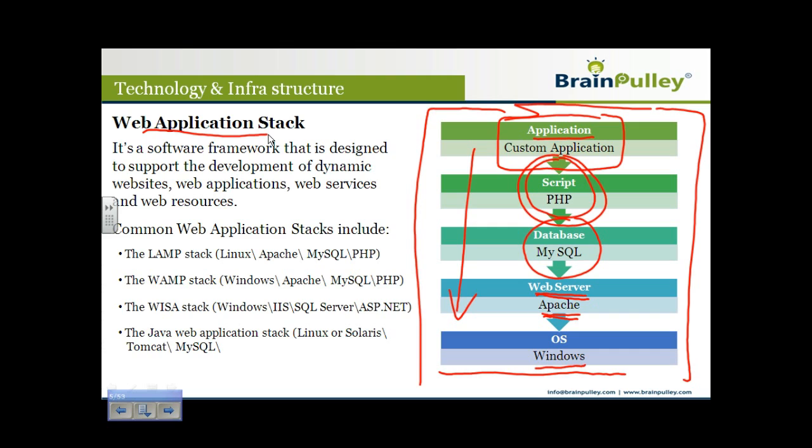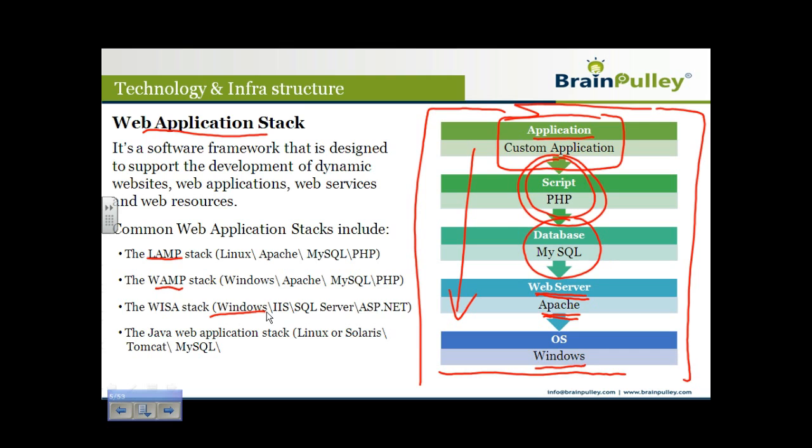It's not mandatory that we use PHP, or that we use it on Windows, but every architecture will have this kind of layering. Some other examples: there's the LAMP stack that we have seen, which stands for Linux, Apache, MySQL, PHP. We have an equivalent version on Windows: Windows, Apache, MySQL, PHP. We will be using this stack.